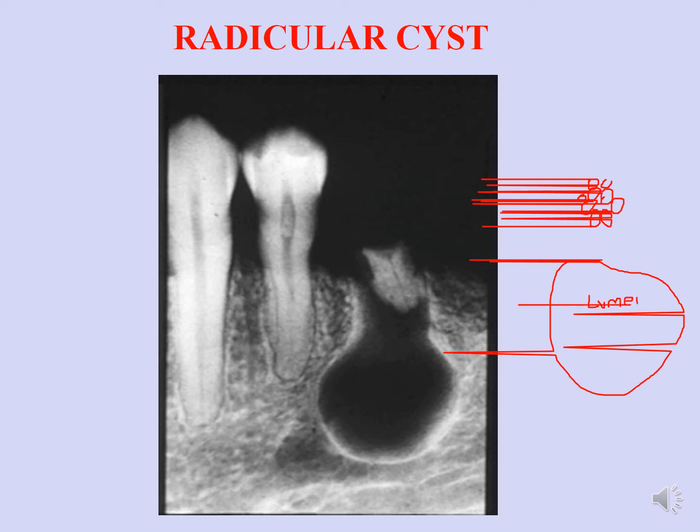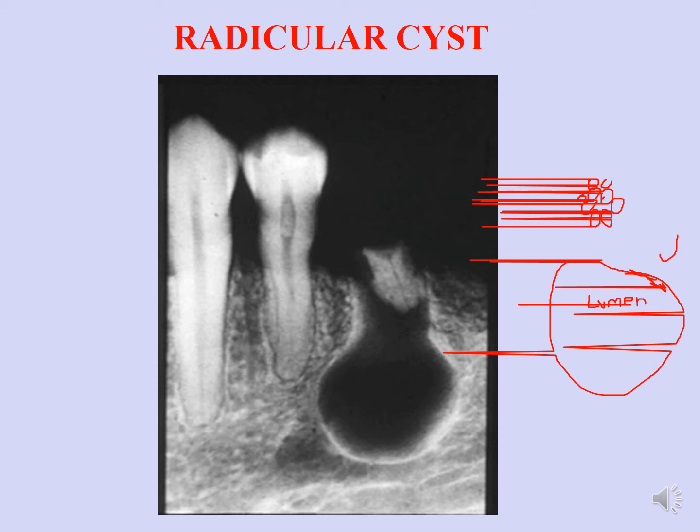So this is how a lumen is formed. The periphery of the lumen has this lining, and this is the wall. So this is the basic anatomy of a cyst. And a cyst basically increases in size by two mechanisms.